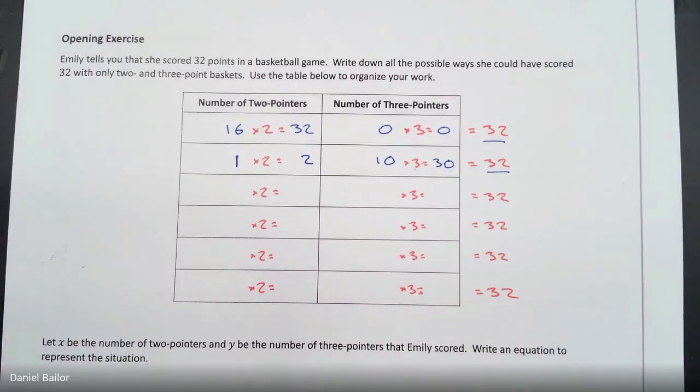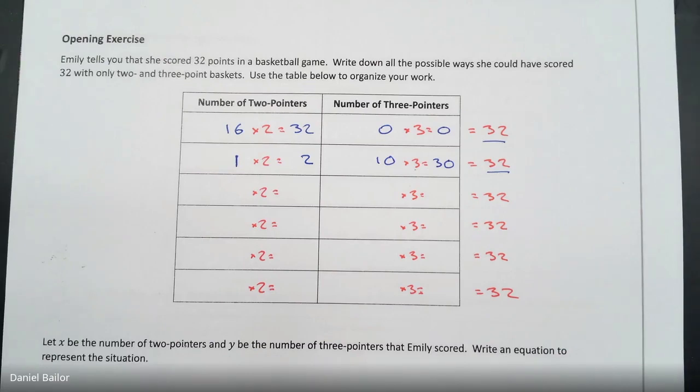What I'd like you to do now is pause the video and see how many other combinations you can come up with to make 32 points. There are not an infinite number of combinations. Make sure it works. You have to add up to exactly 32 points.